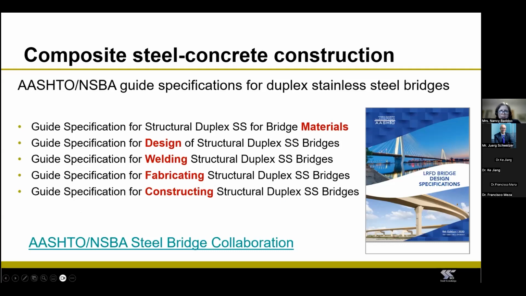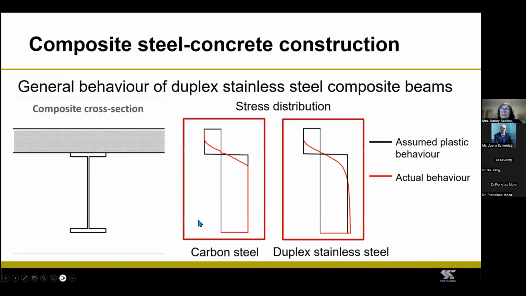So let's just have a think, well, are special design rules really needed? How will stainless steel composite beams behave differently? Well, on this slide, I'm showing you the behavior of carbon steel and duplex stainless steel. Traditionally, when you're calculating the plastic resistance of a composite cross-section, you represent the stress distribution as stress blocks in the concrete and the steel.